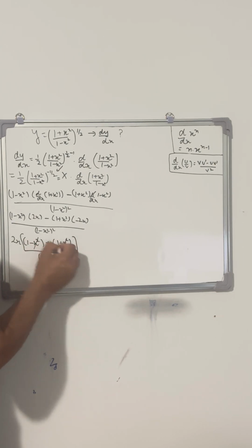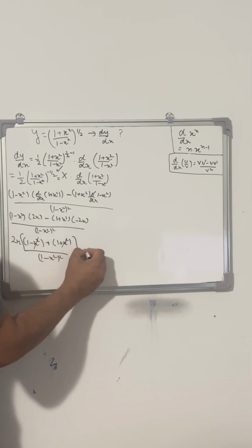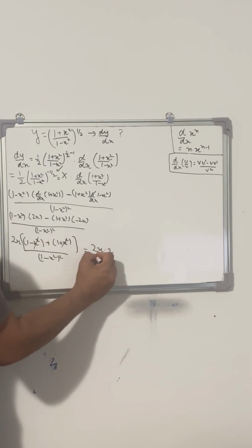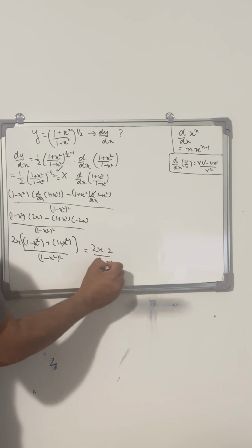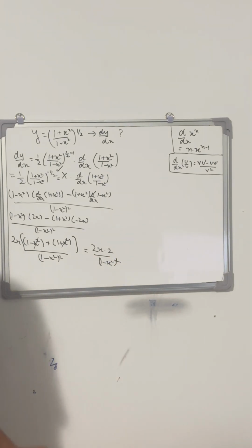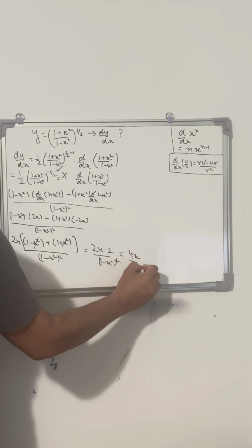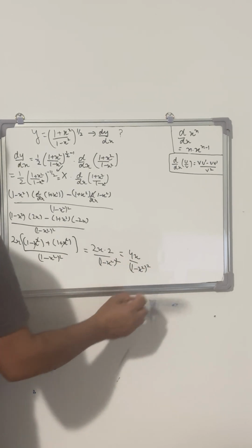So this x square will cancel. So this becomes 2x multiplied by 2 over (1 minus x square) whole square, which becomes 4x over (1 minus x square) whole square.